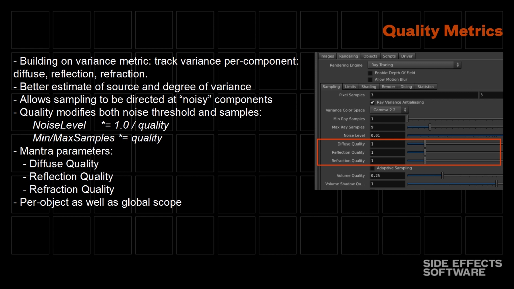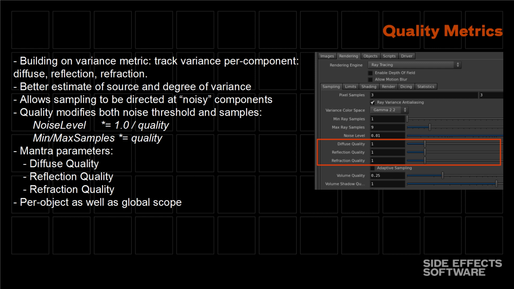So we have the diffuse, reflection, and refraction components, which broadly classify the way the paths are being treated in the renderer. Diffuse paths come from Lambertian type BSDFs, reflection from specular and reflective lobes, and refraction from transmissive lobes. And so we can look at each of those and figure out where the variance is coming from.